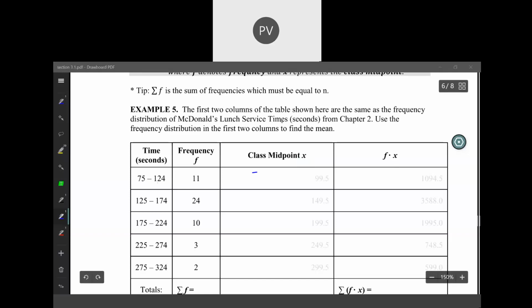Upper limit plus lower limit divided by 2 is the formula for midpoint. Now here the upper limit is 124 plus lower limit is 75, divided by 2 will give you 99.5.